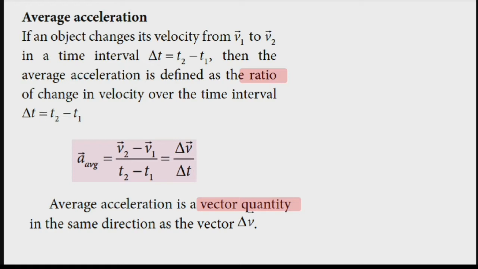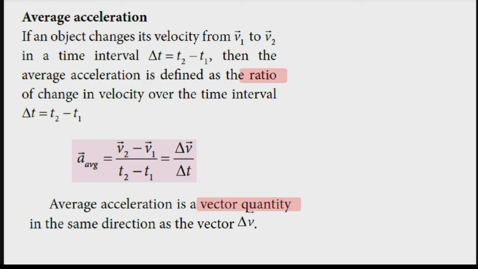Average acceleration. If an object changes its velocity from v1 to v2 in a time interval delta t equal to t2 minus t1, then the average acceleration is defined as the ratio of change in velocity over the time interval. So delta t is equal to t2 minus t1.